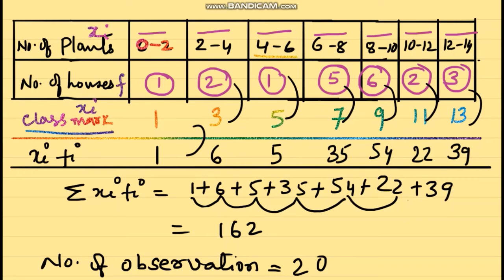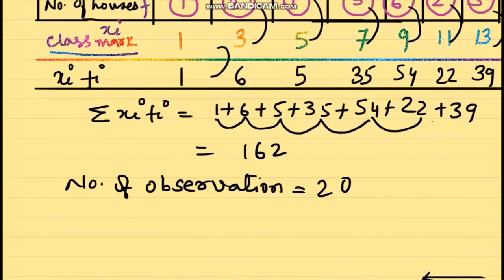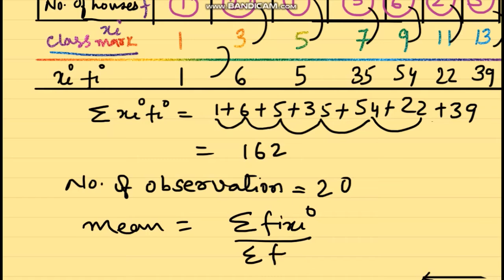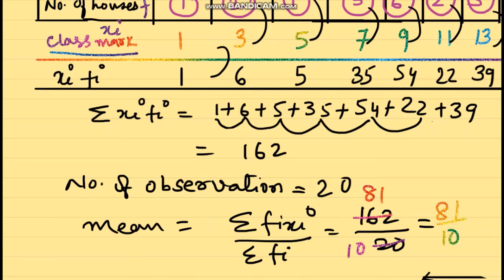So what will be the mean? Mean will be sigma fi xi by sigma fi. Then sigma fi xi is equal to 162. If you cancel it with 2, you'll get 81 by 10, which will give you 8.1.